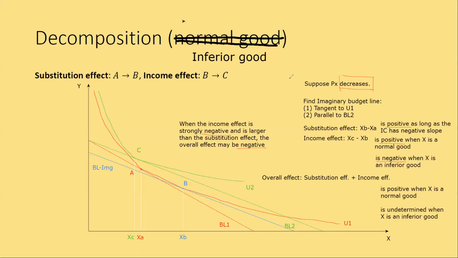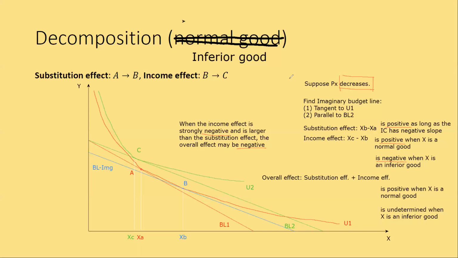Now, the sign of the substitution effect is determined. It depends, of course, on whether it is a price increase or price decrease, but the sign of the substitution effect is determined. The income effect may be positive or negative, depending on whether the good is a normal good or an inferior good.